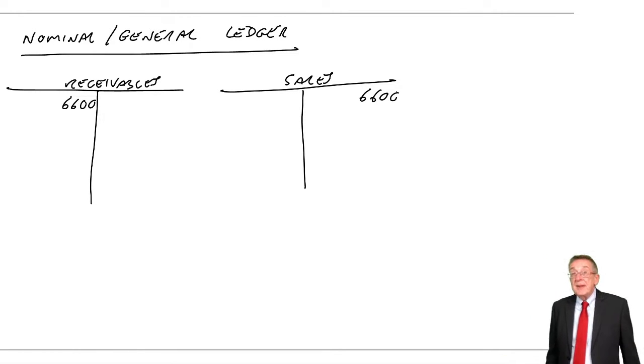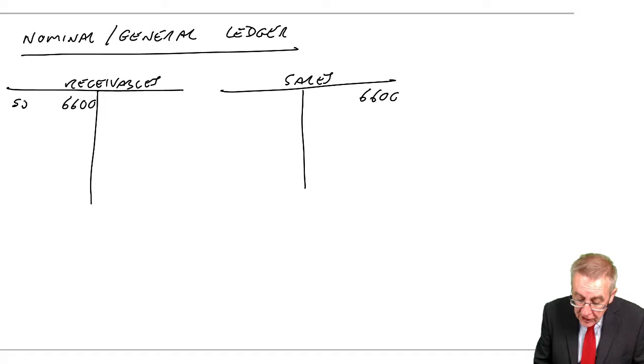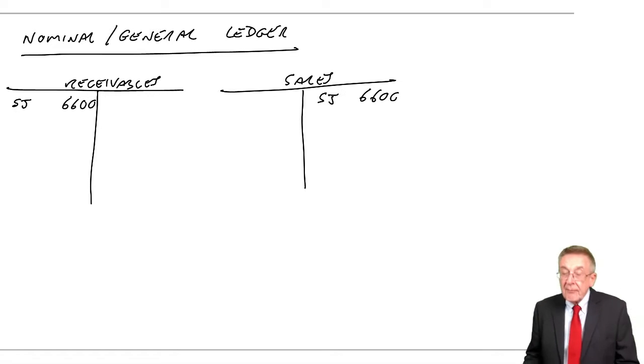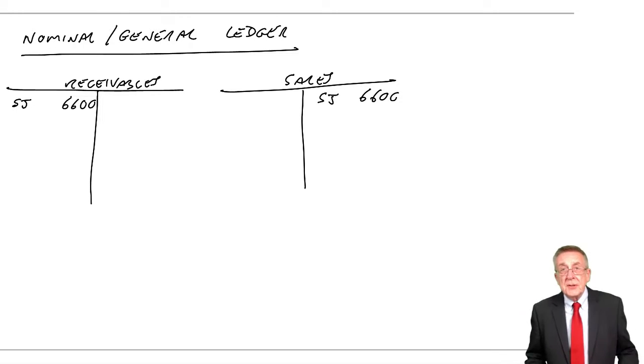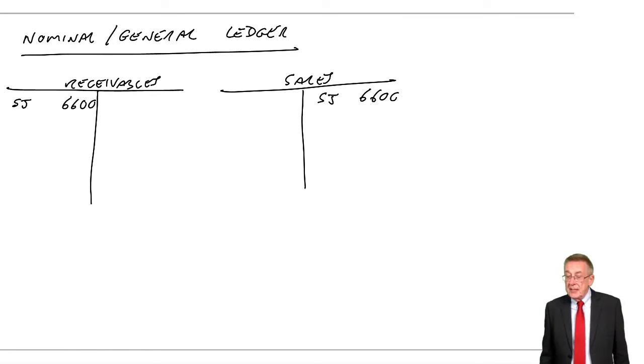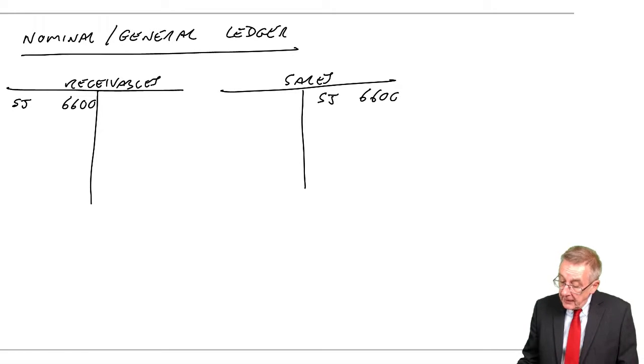For the double entry, we just take the one big total. Debit receivables, credit sales. What we write against it doesn't really matter and isn't your problem in the exam. But I'll write against it SJ, simply because if ever I need to check that figure, 6,600, and see what the individual sales were, it's the sales journal I would need to look at. So that's the double entry completed there.